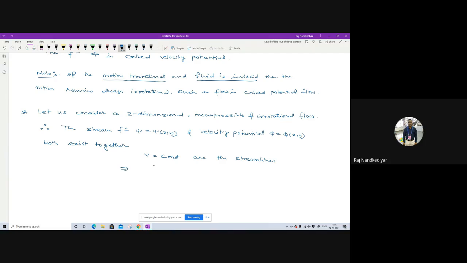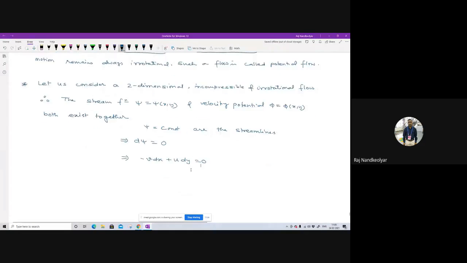So this implies d psi equal to 0. This implies कि minus v dx plus u dy equal to 0. ठीक है. I hope it is clear to everyone.